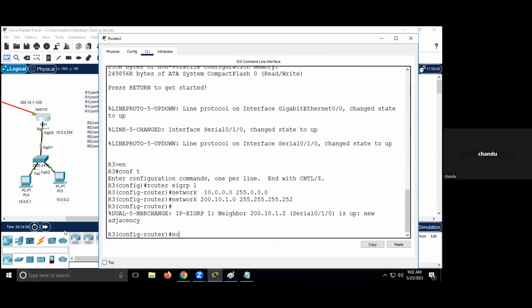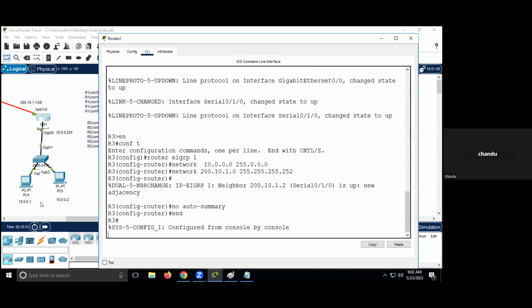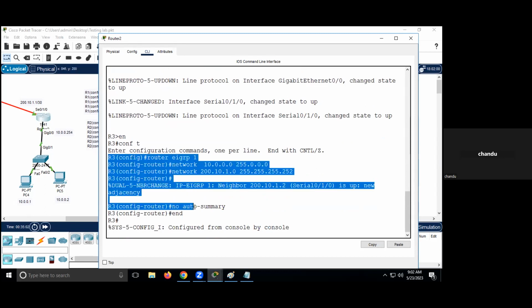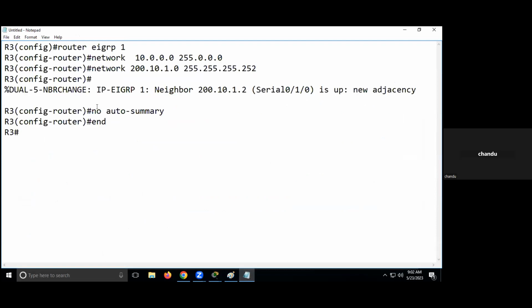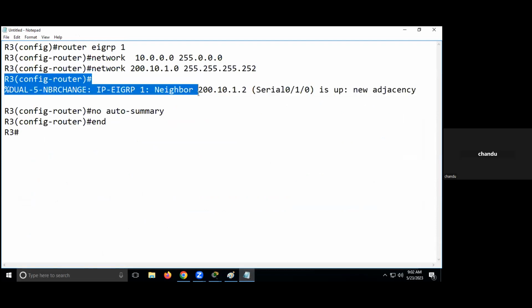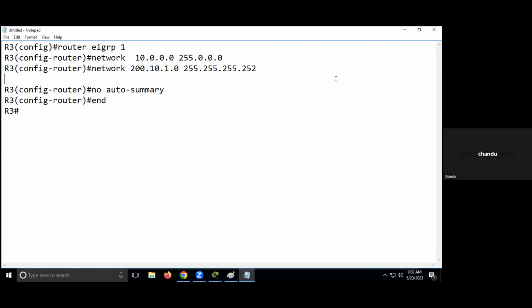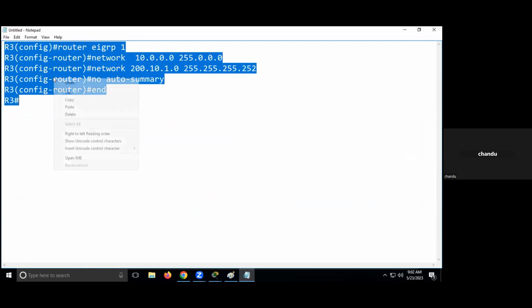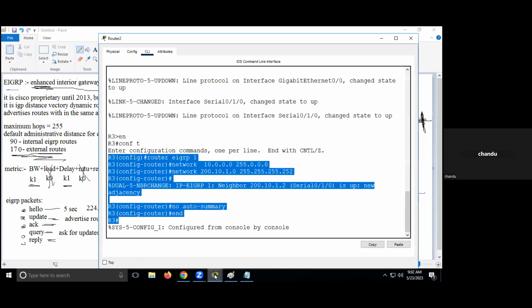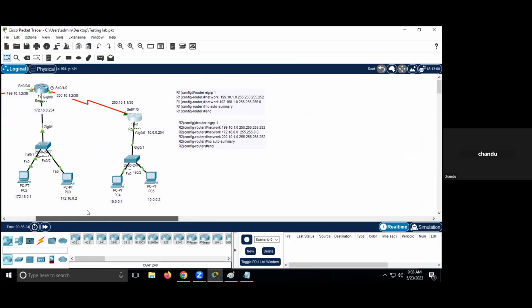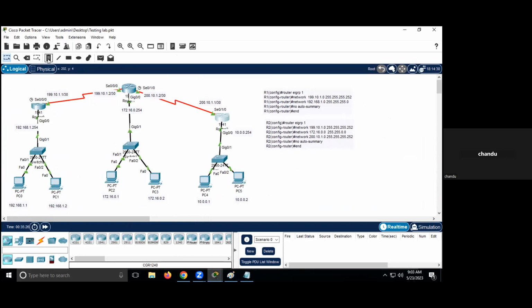And I told you must use the command no auto-summary. This is how you configure EIGRP on router 1, 2, and 3.